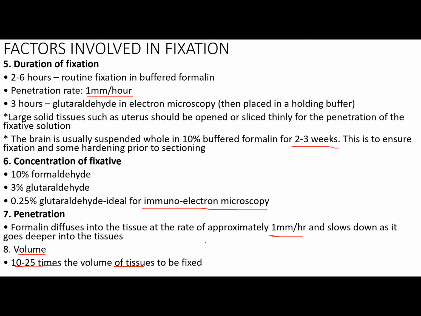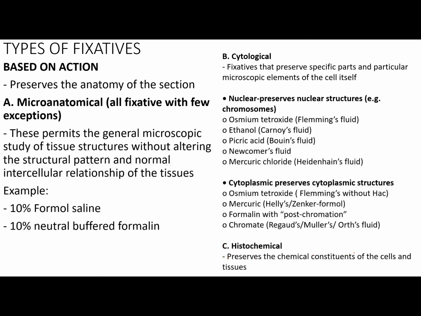So if the volume of your tissue is 5 ml, you need to use at least 50 ml of formalin up to 125 ml so that it would be accurate. That is how much you need. You multiply it by 10 to 25 times the volume of the tissues to be fixed.